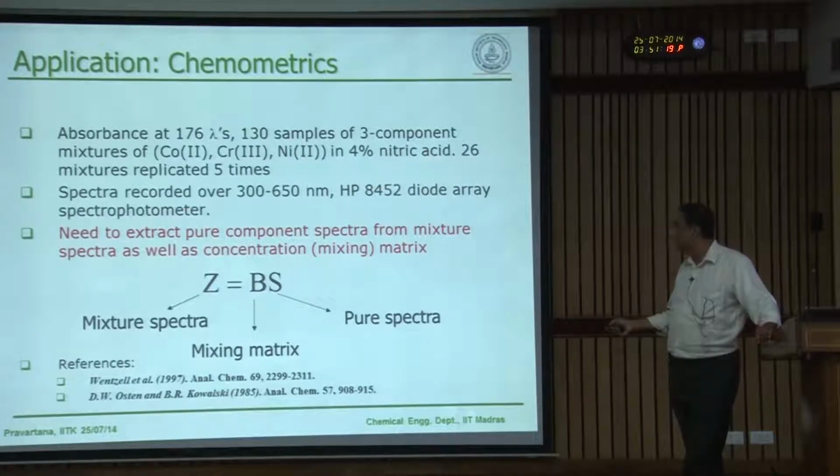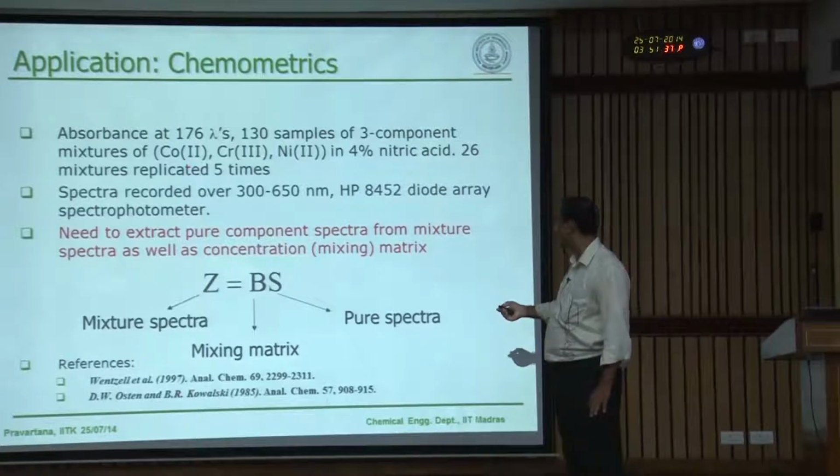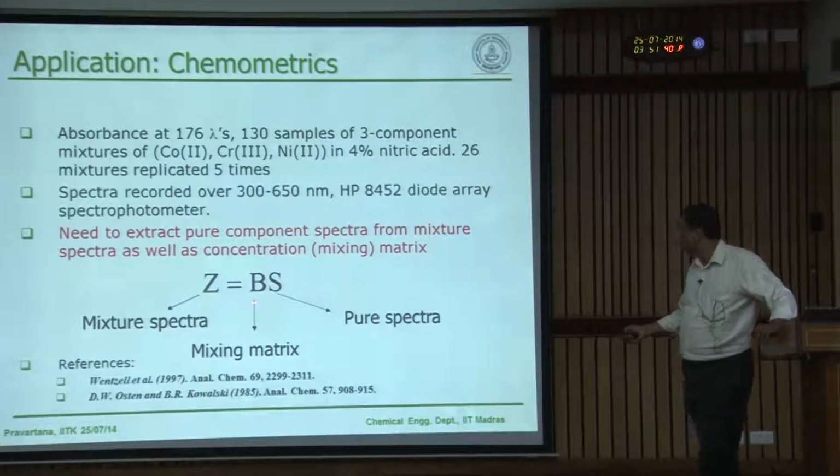Okay. So here the main aim is to take this mixture spectra and find out, remember, although there are 27 mixtures of 176 wavelengths, actually it is a weighted combination of only 3 pure species which correspond to the cobalt, chromium and nickel salts. So essentially you have 27 by 3 into 3 by 176.